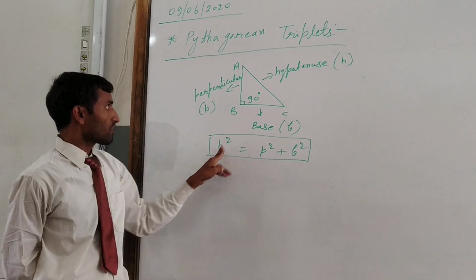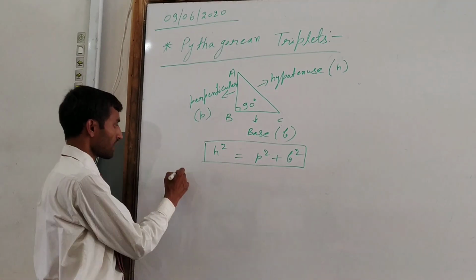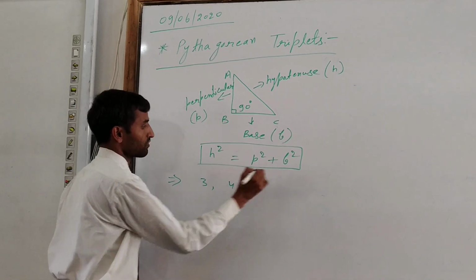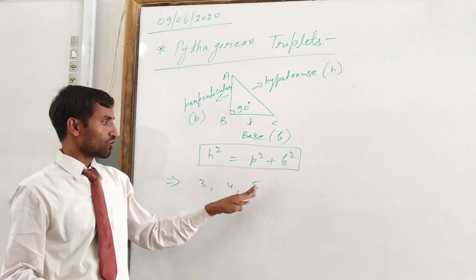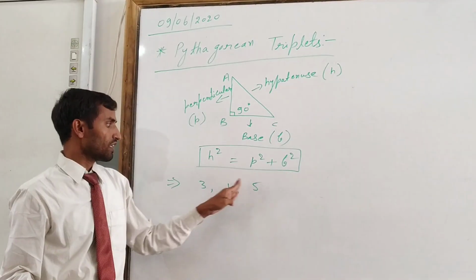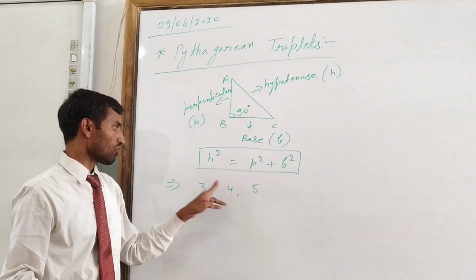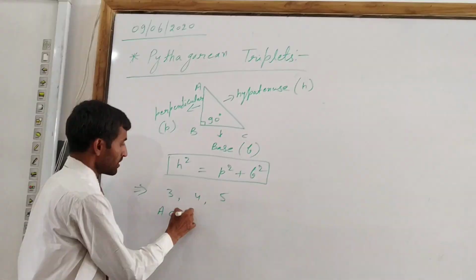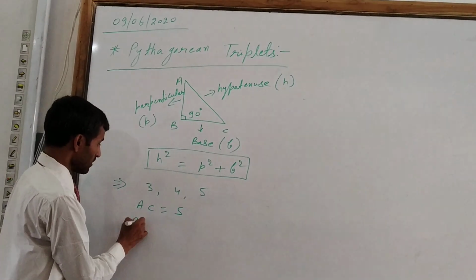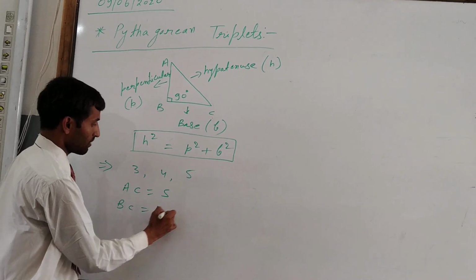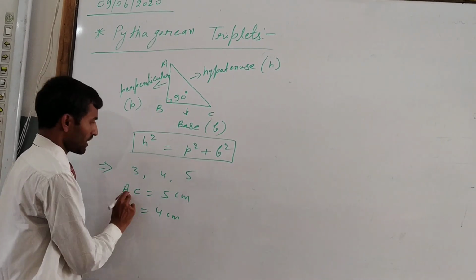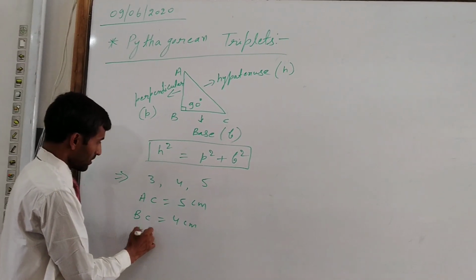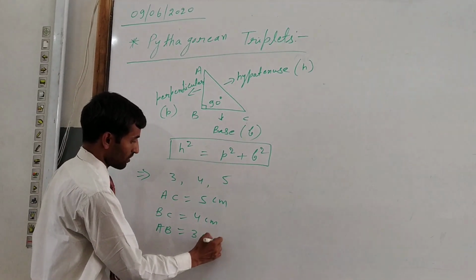If we take three numbers, say 3, 4, 5, this is the bigger number, so this will be the hypotenuse, and the other two will be base or perpendicular. Taking AC equal to 5 centimeter, BC equal to 4 centimeter, and AB equal to 3 centimeter.